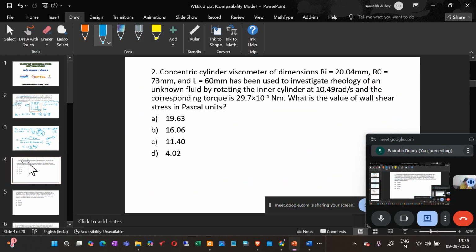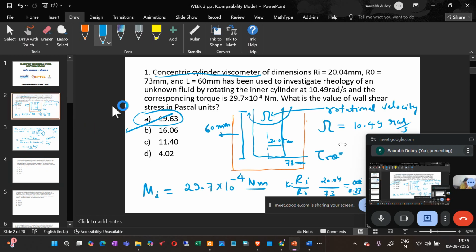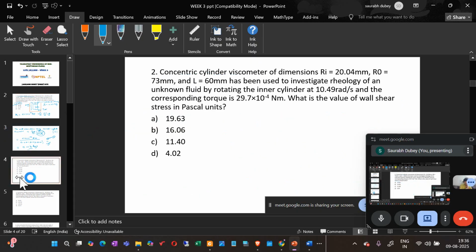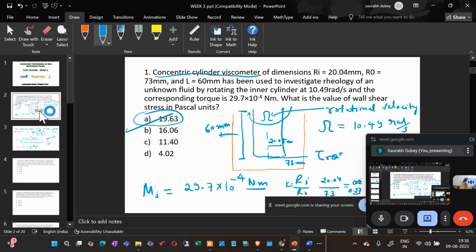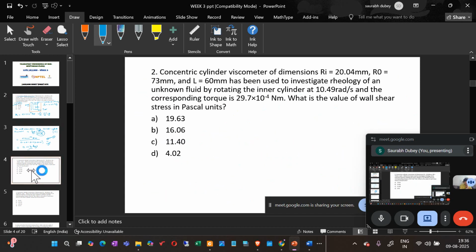Why the second question is different from the first is that here you are asked what is the value of wall shear stress in pascals. In this question L is 60, and this is a concentric cylindrical viscometer.